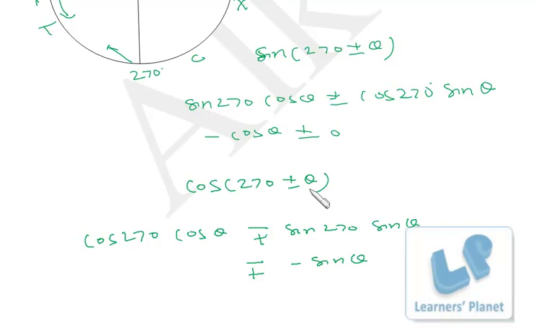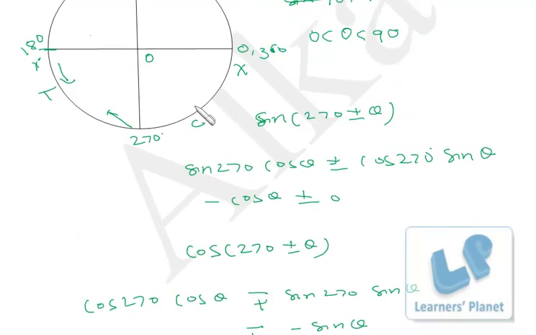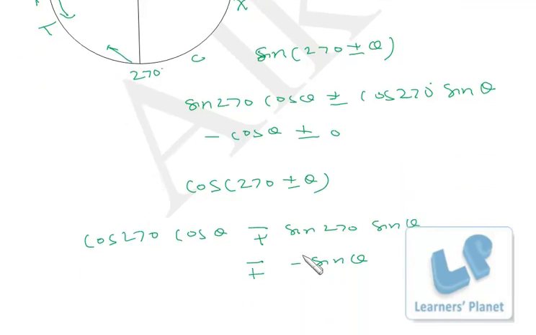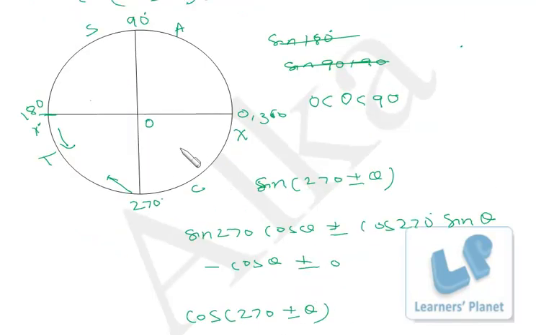So 270 plus theta, fourth quadrant, 270 minus theta, third quadrant, right? So cos(270 + θ) is plus sin θ, and cos(270 - θ) is minus sin θ, right? So we talked about the four quadrants, okay?